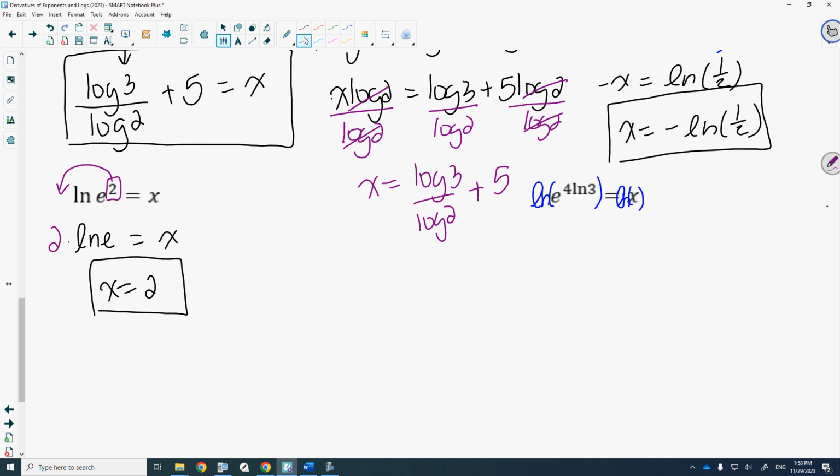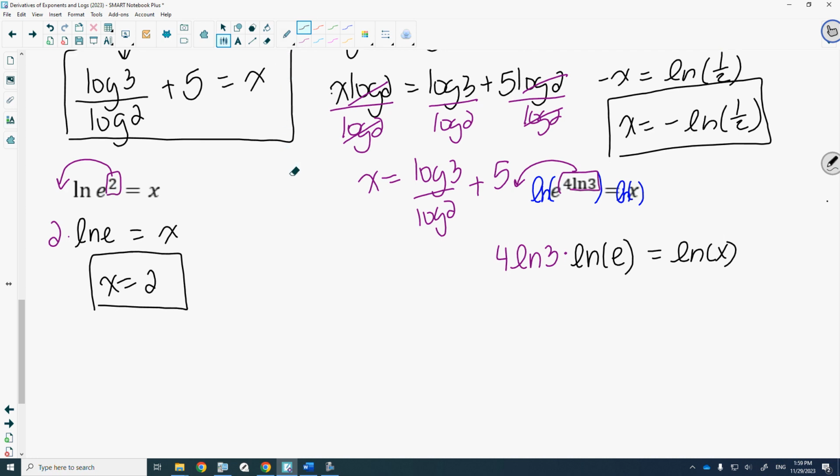Then let's pull this to become the coefficient. So 4 natural log of 3 times ln of e is equal to ln of x.